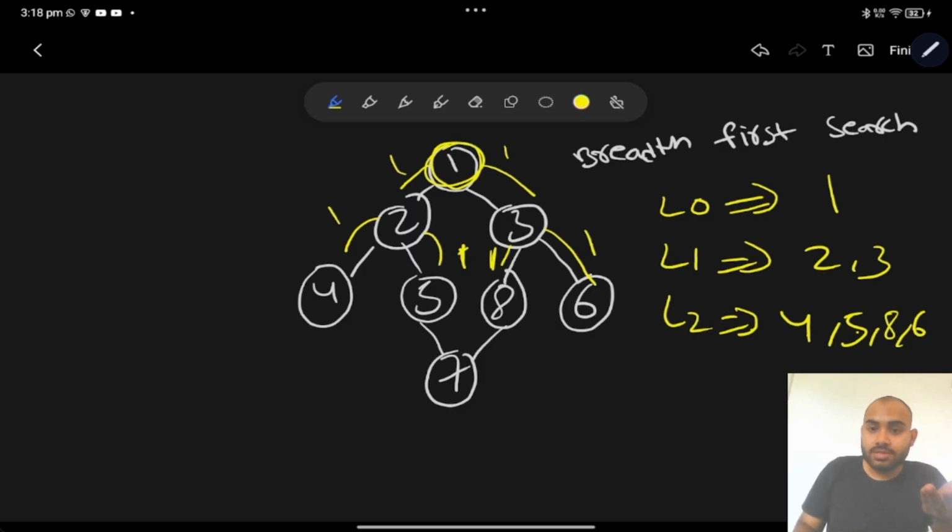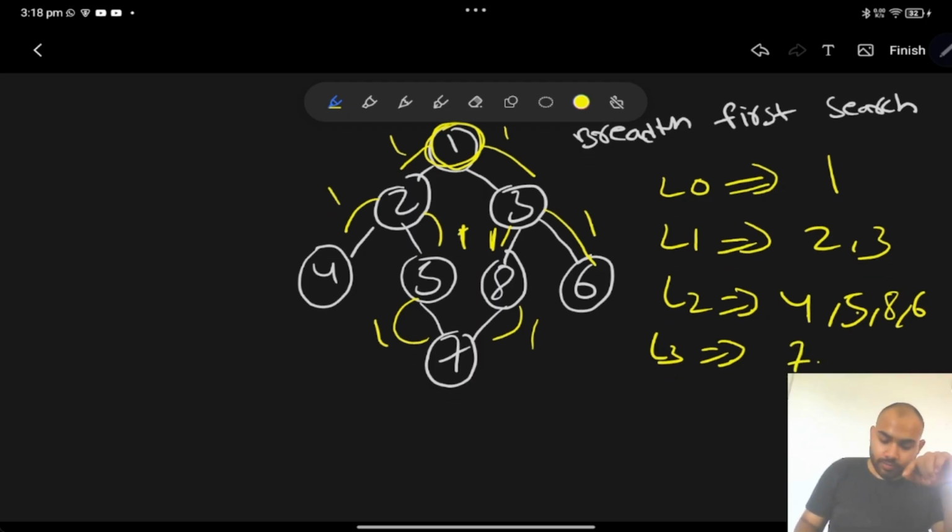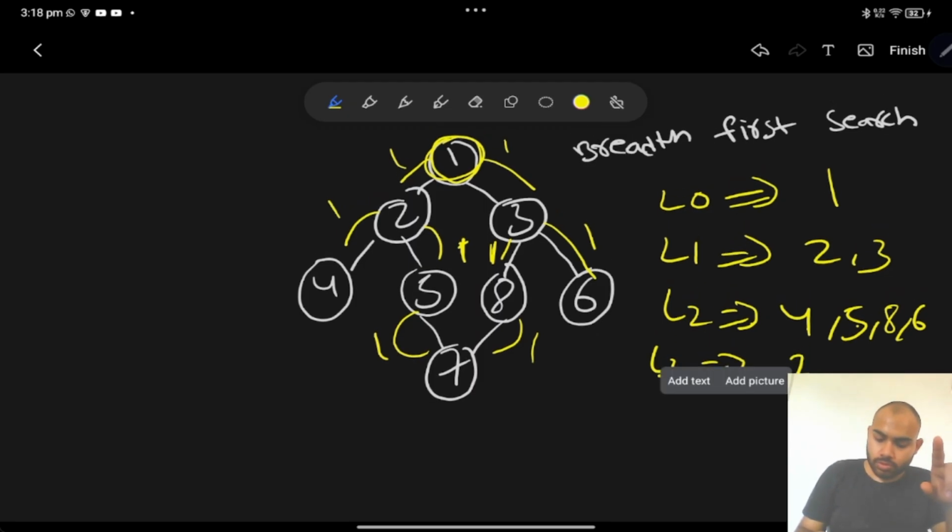What are the nodes at distance 3? That is 7. As we can see in the graph, at distance 0 is node 1, at distance 1 are 2 and 3, at distance 2 are 4, 5, 8, 6, and at distance 3 is 7.